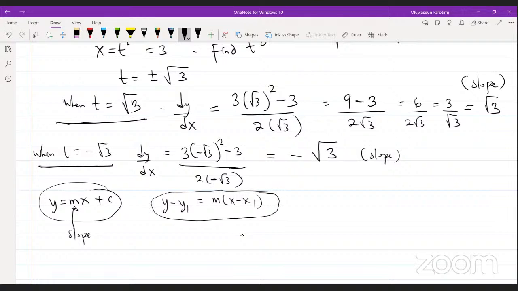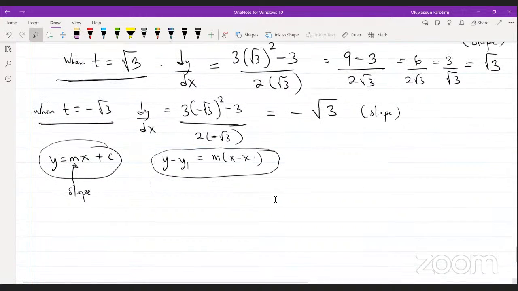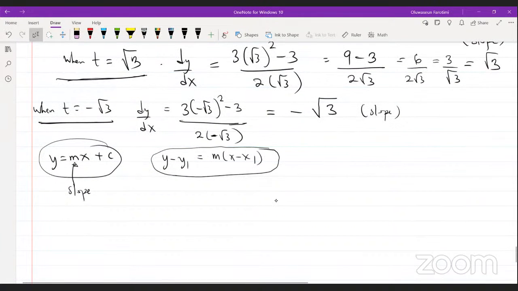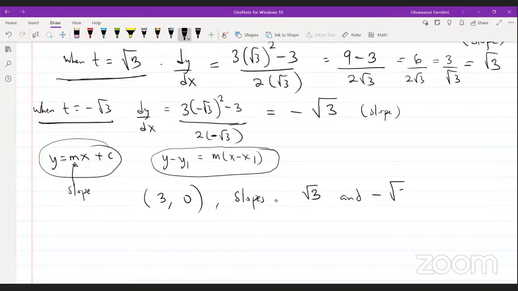Okay. So now we need these equations. Remember, we were given the point 3, 0. We had square root of 3 slope and negative square root of 3 slope.